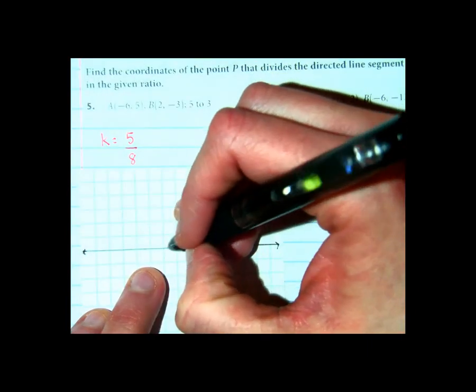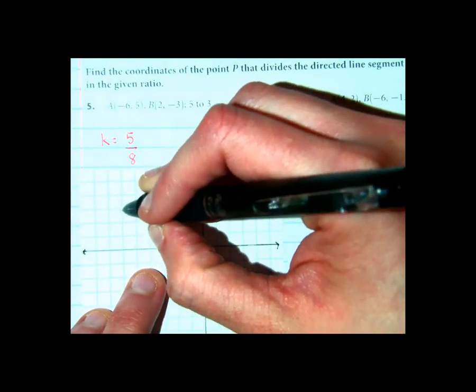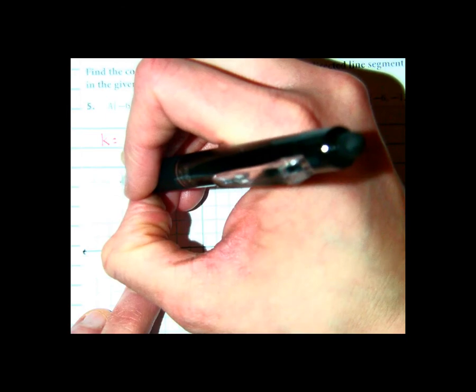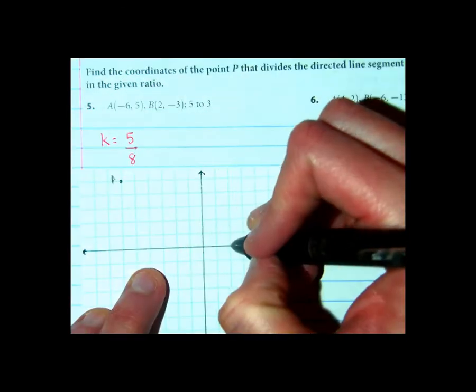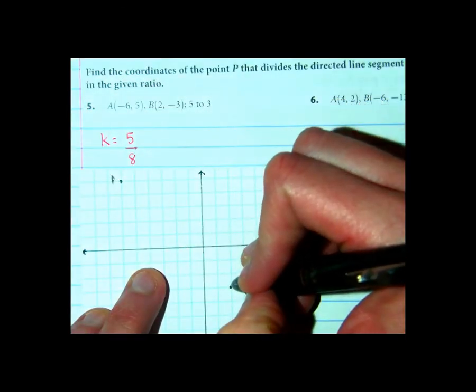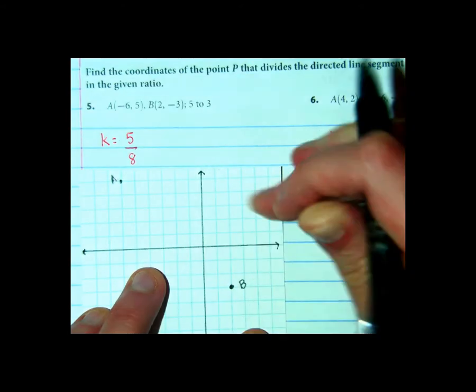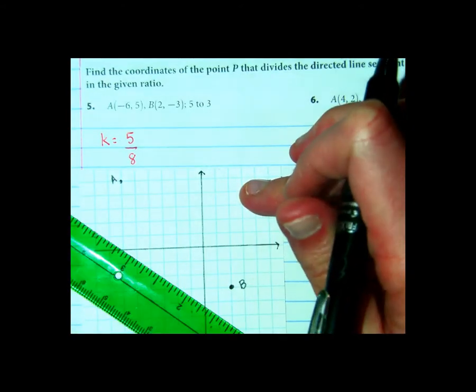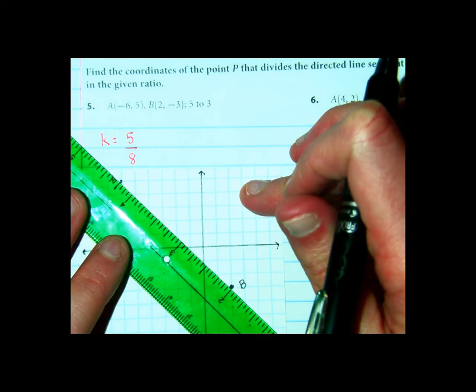So -1, 2, 3, 4, 5, 6. 1, 2, 3, 4, 5. Almost didn't make it big enough. There's A, 2, -1, 2, 3. This one's kind of a large segment there. But that makes sense since it's 5/8.